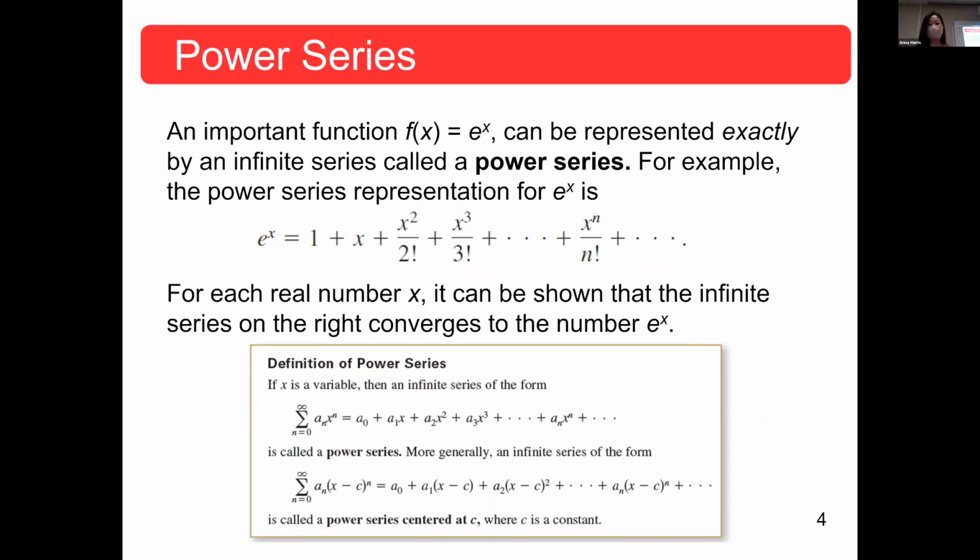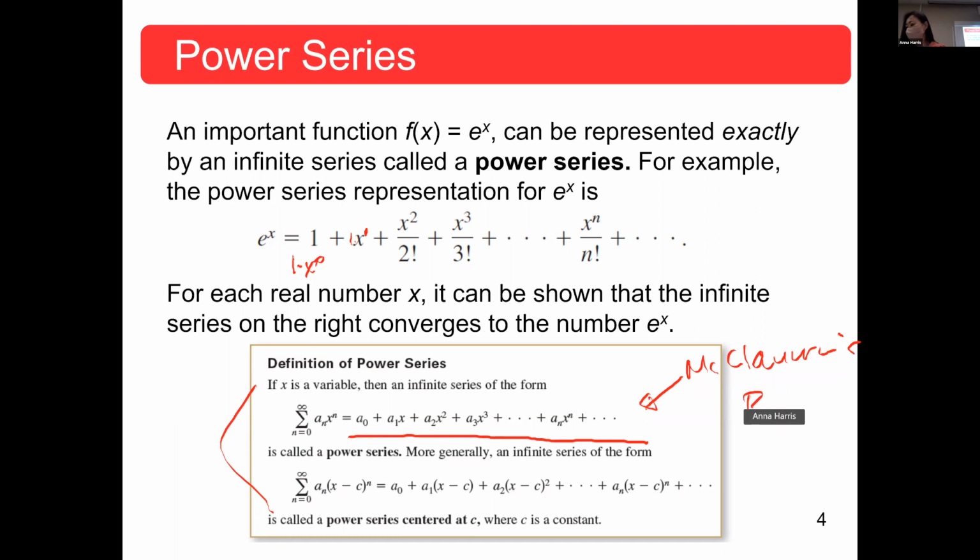All right, and then this is the definition of a power series. If x is a variable, then the infinite series of the form summation a sub n x to the n is the same as this. What kind of thing is it? This is a Maclaurin polynomial because it's centered at 0.